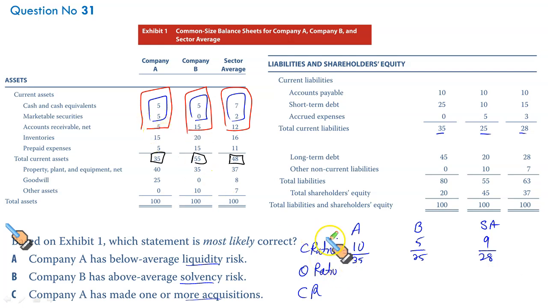Next item we have is the quick ratio, given in red. 5 plus 5 plus 5, 15. Then 5 plus 15, 20. And then 7 plus 2 plus 12 gives you 21. The denominator would be the same as well: 35, 35, and 35.